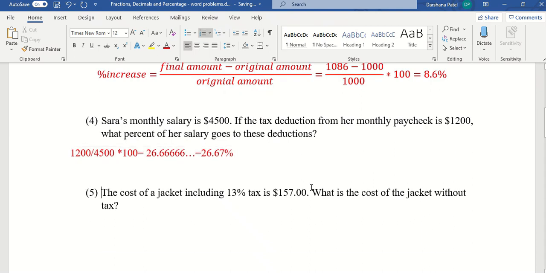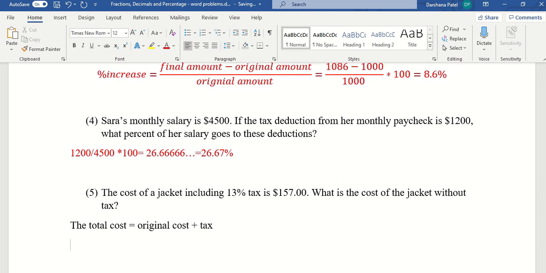Next one then, the cost of a jacket including 13% tax is $157. What is the cost of the jacket without the tax? So we know the total cost is the original cost plus the tax.